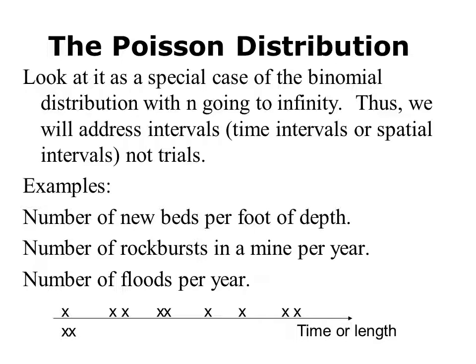Some examples of applications where this comes up: to a geologist who's boring a new hole, you might look at the number of new beds encountered per foot of depth as you drill. Or if you're working in a mine, you might look at the number of rock bursts in that mine per year. Or if you're a hydrologist, you might look at the number of floods that occur in a particular location each year, or per month.